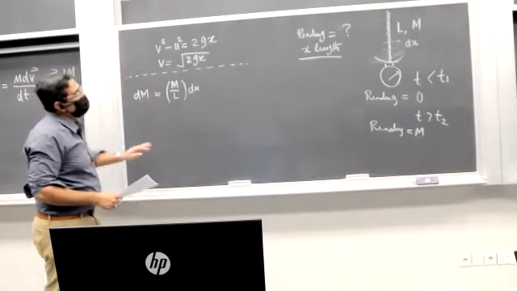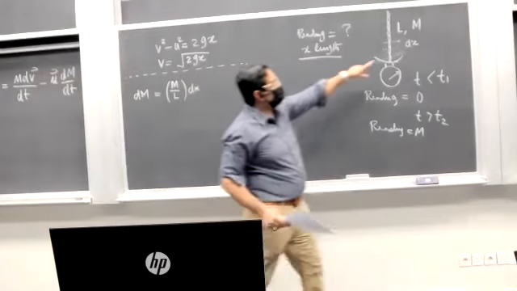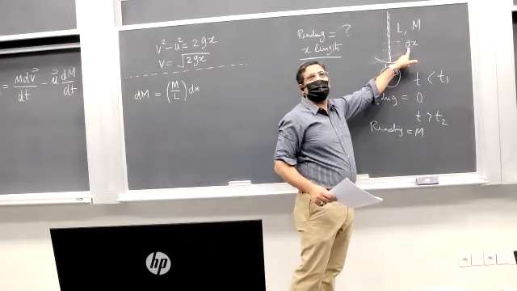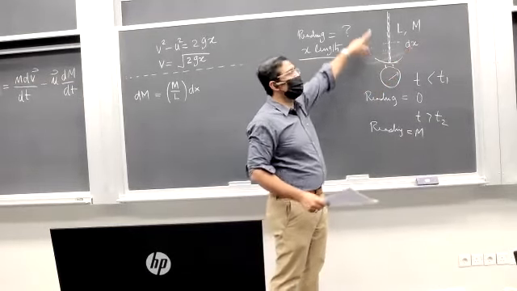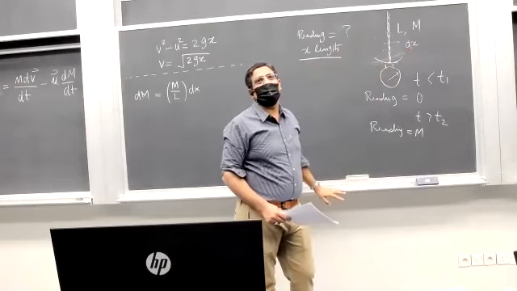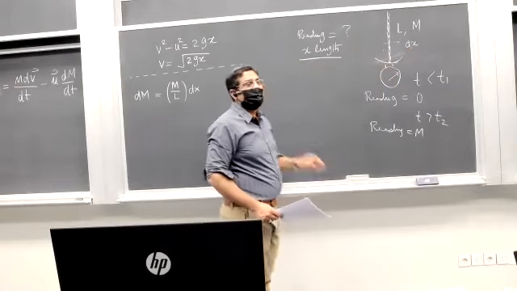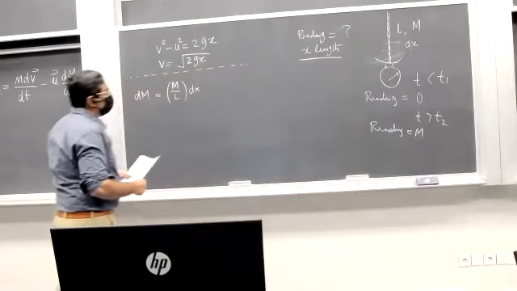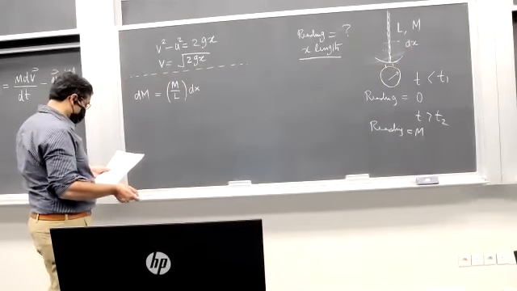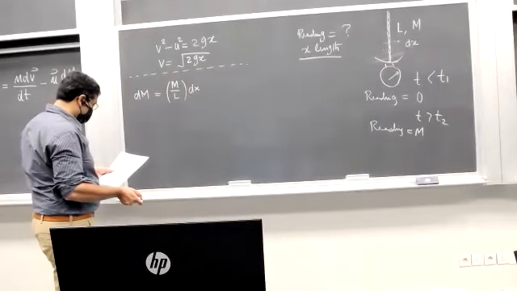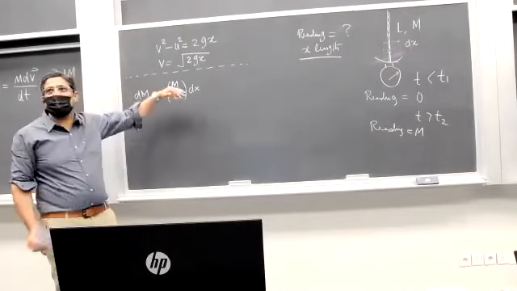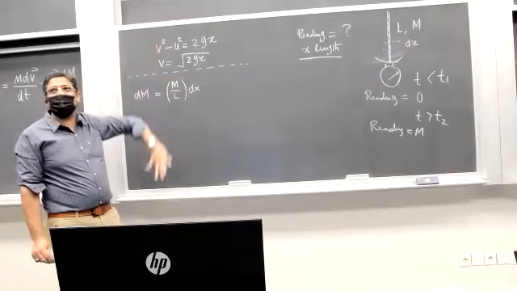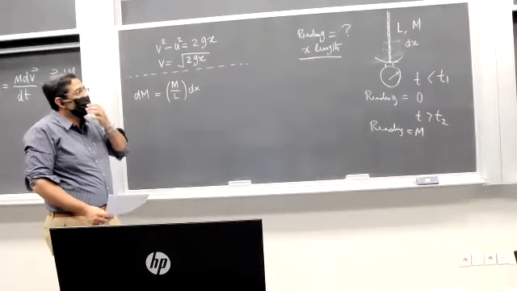Now let's say the chain falls only by a distance delta x. What is the change in momentum of all the chain? Everything is falling with the same speed, bits of chain, the chain itself. It's a free fall problem, no other force is involved.